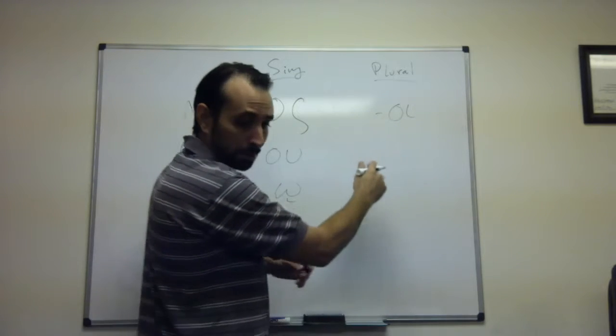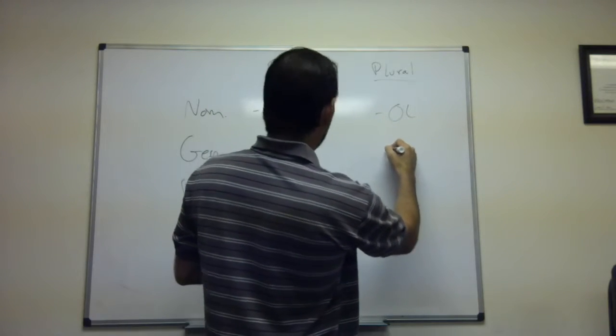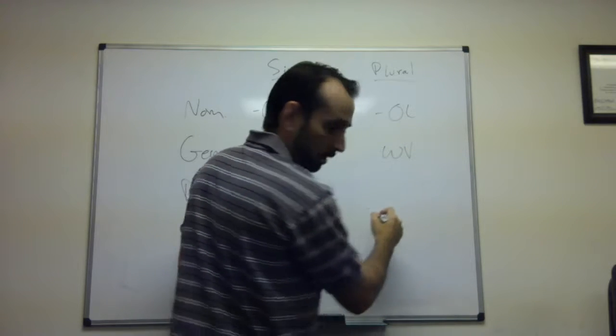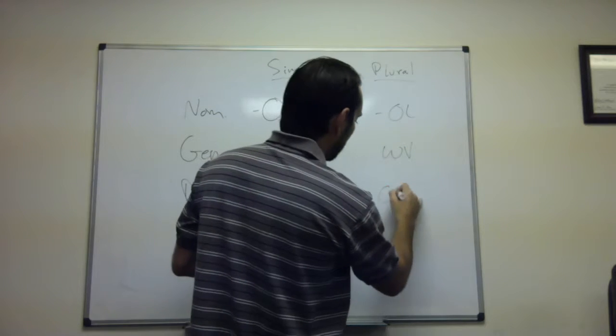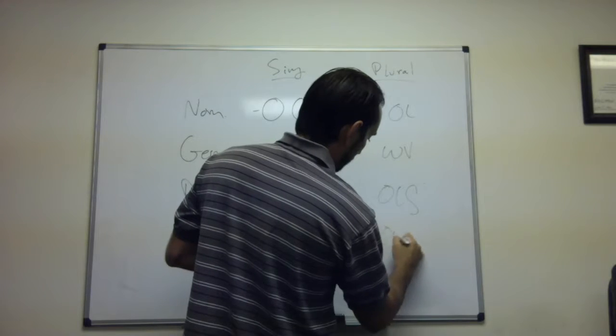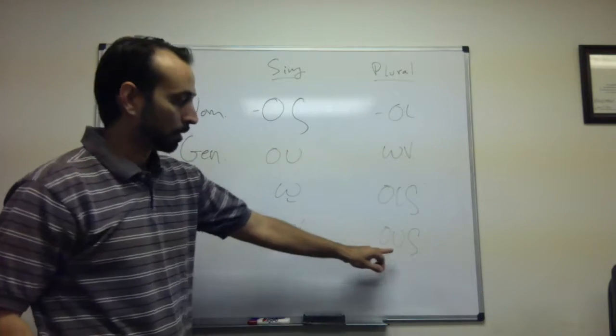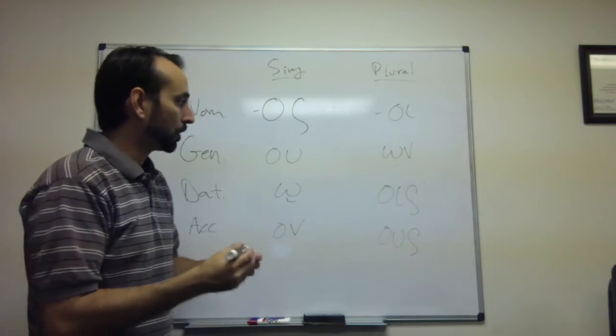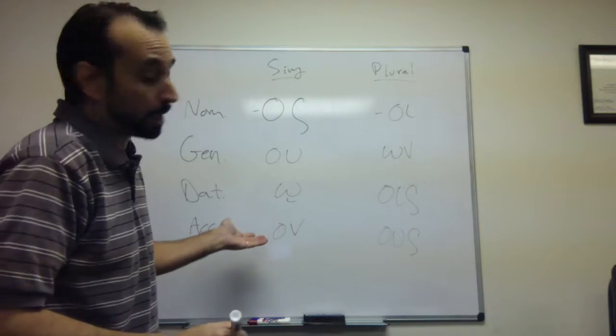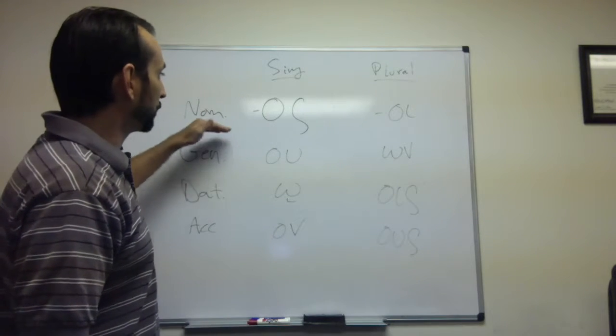And then your plural would be oi, own, ois, and then ous.